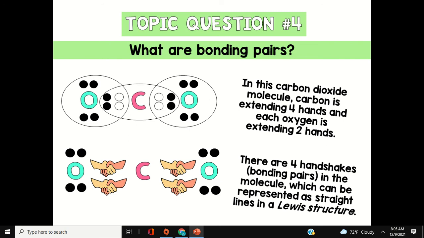Carbon is saying, hey, each oxygen on either side of me, can you please shake my hand? I'm giving you 2 handshakes so we can be stable, okay? These bonding pairs are allowing stability for this atom.